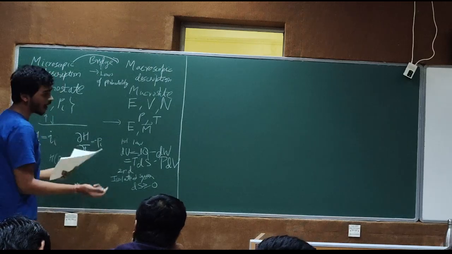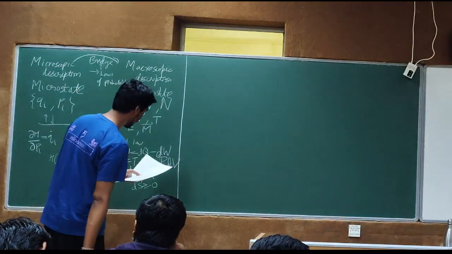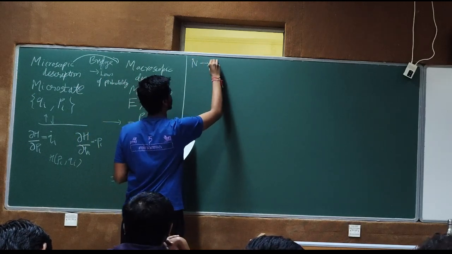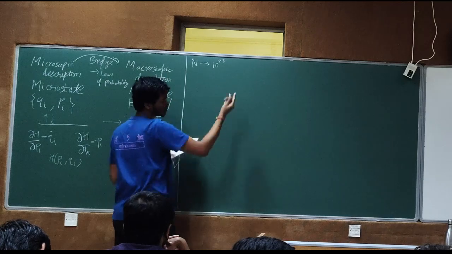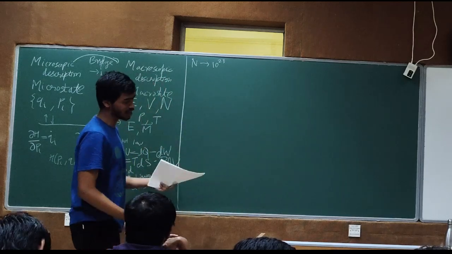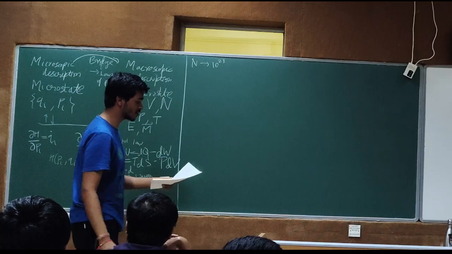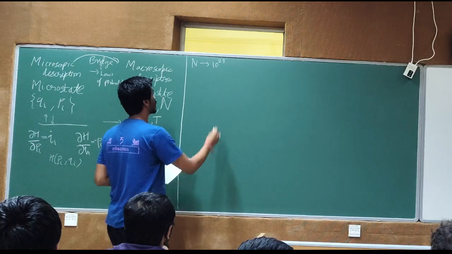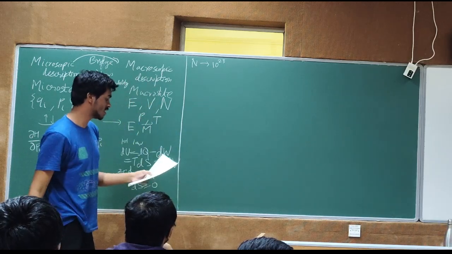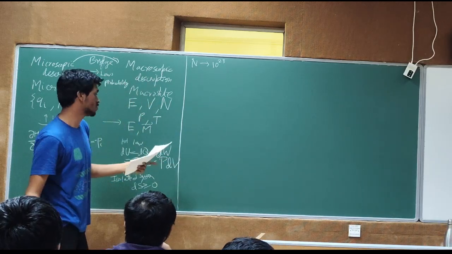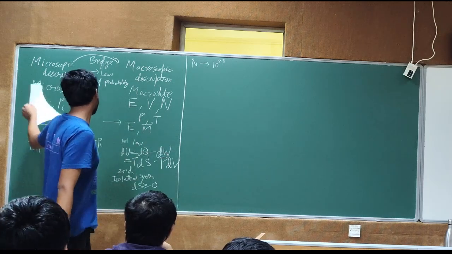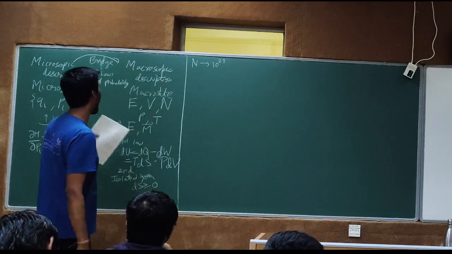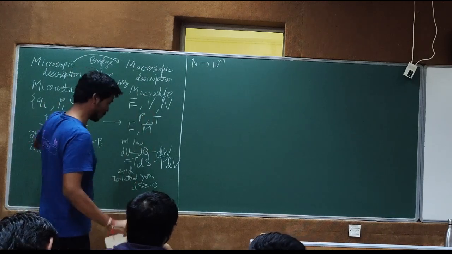Why can you use laws of probability? You have a large number of degrees of freedom in the system. Usually your system has numbers of the order of the Avogadro number, so you have a large number of particles. So you can use statistical methods to go from a microscopic description to a macroscopic description and get these properties.